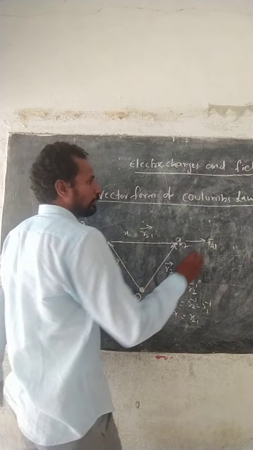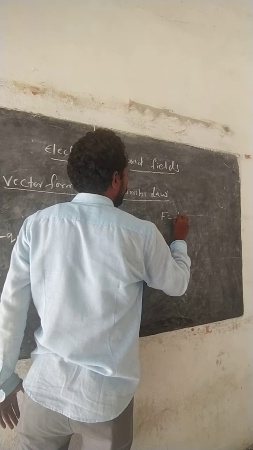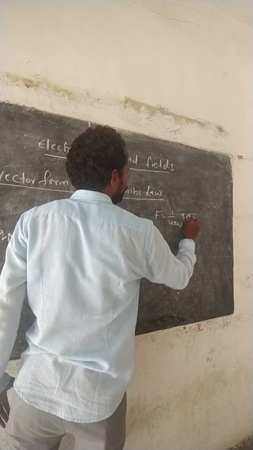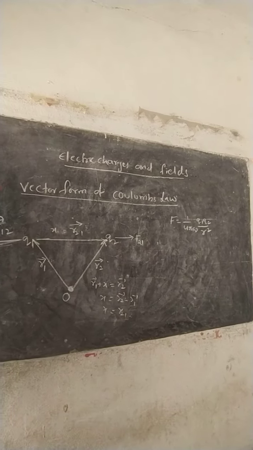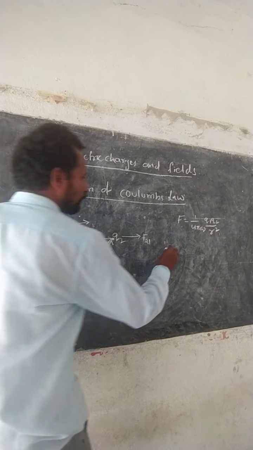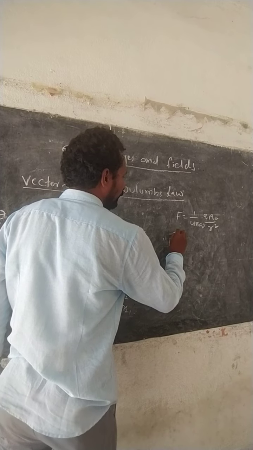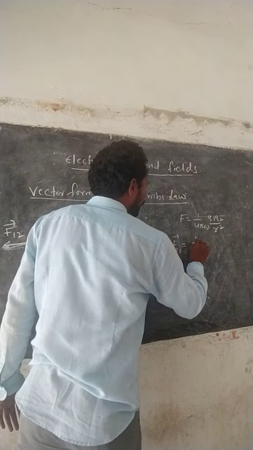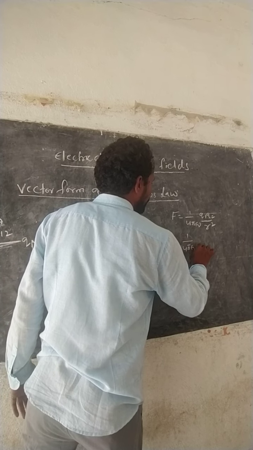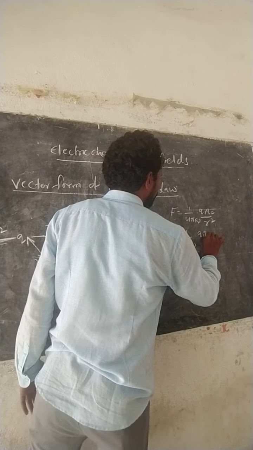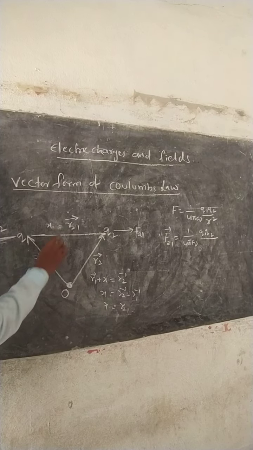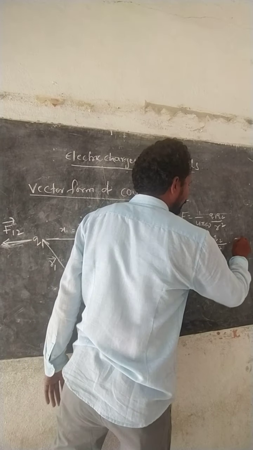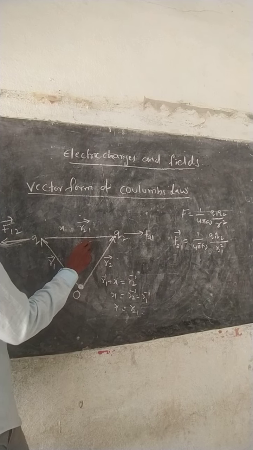And the general formula is F is equal to 1 by 4 pi epsilon naught Q1 Q2 by R square. Now in vector form, we will write F21 is equal to 1 by 4 pi epsilon naught Q1 Q2 by R21 square, and we need to mention the direction.